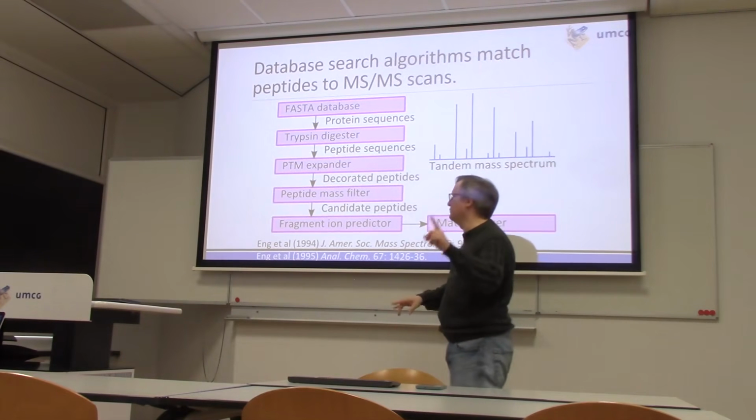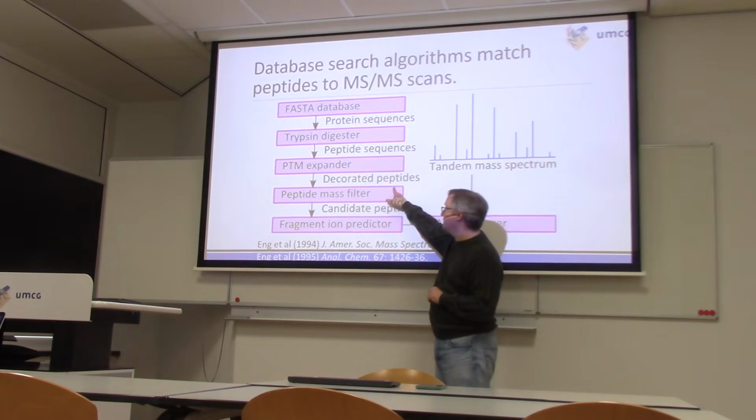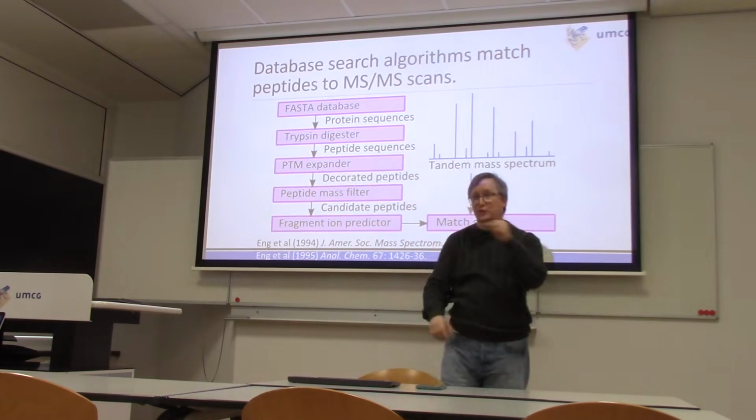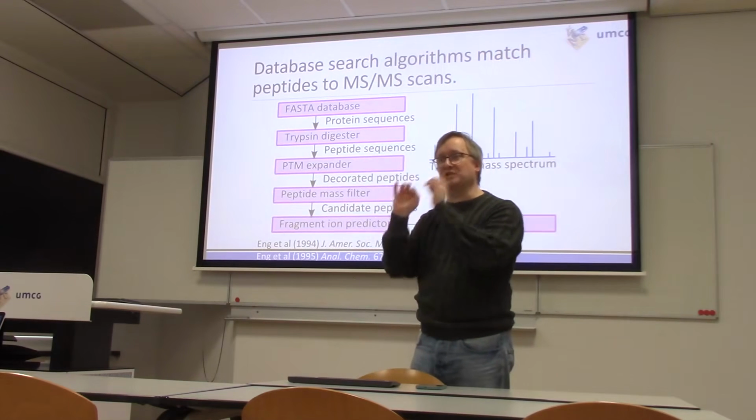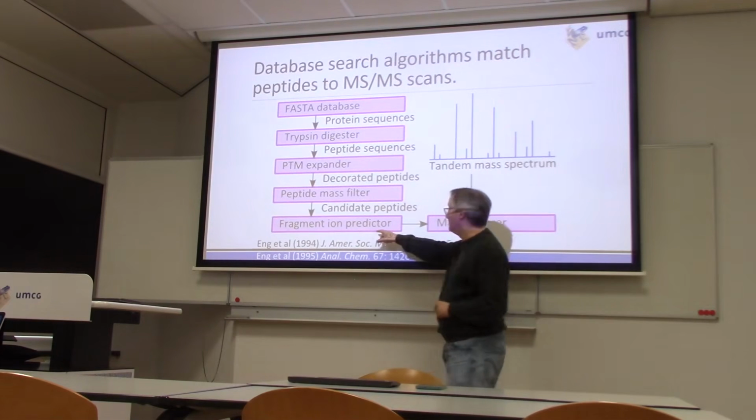I'll talk about that phrase a little bit in a moment. But we can project what spectra should look like if they represent these peptides. But the peptide mass filter is going to determine which spectra get compared to which sequence. I'll have a slide about that in a moment.